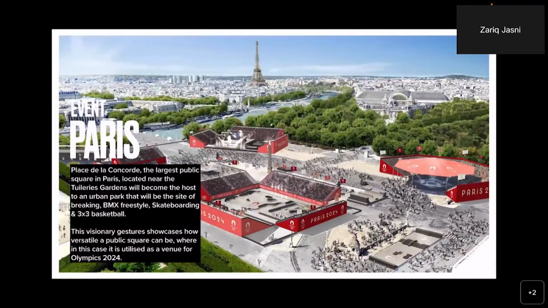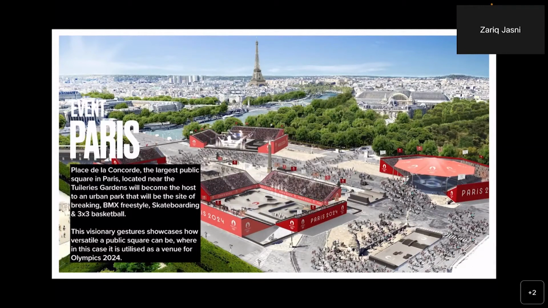And this is an exciting square that exists in Paris. So obviously this does not exist now, but it is being used for the 2024 Olympics that is going to be held in Paris.